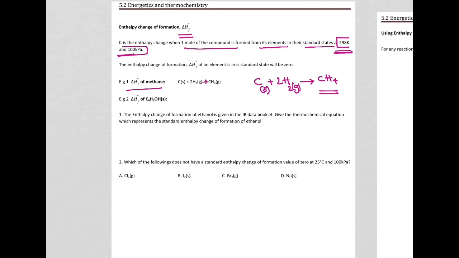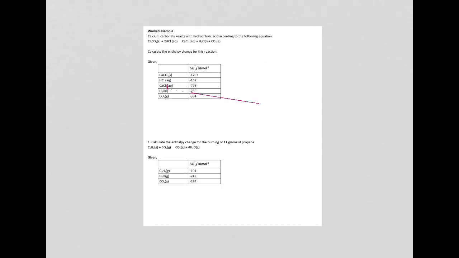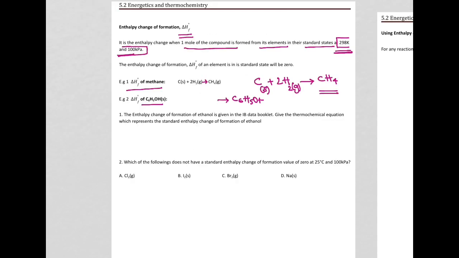So similarly, for C6H5OH, this is formed from carbon, hydrogen, which exists in the gaseous state, and oxygen, which also exists in the gaseous state.